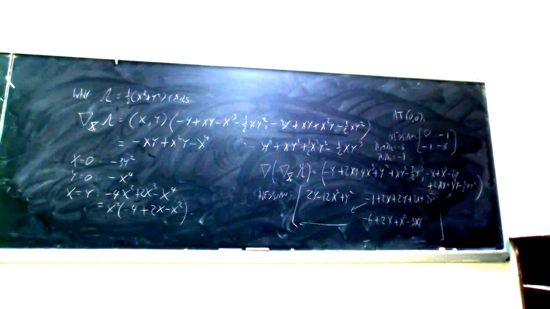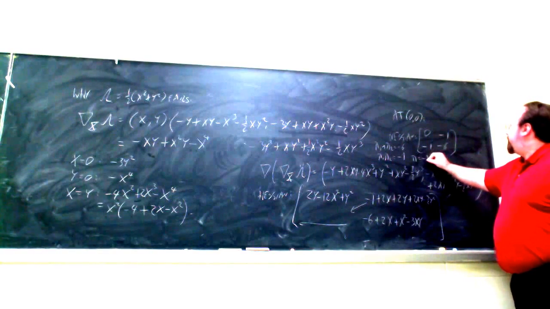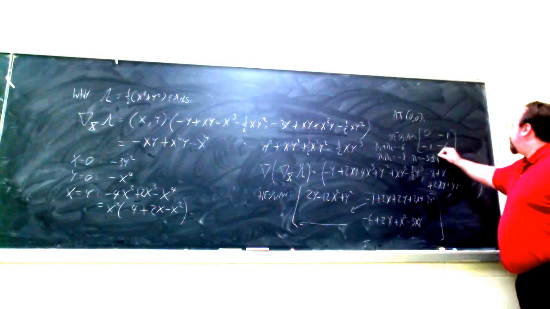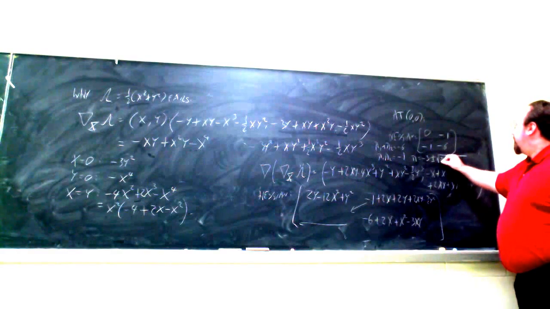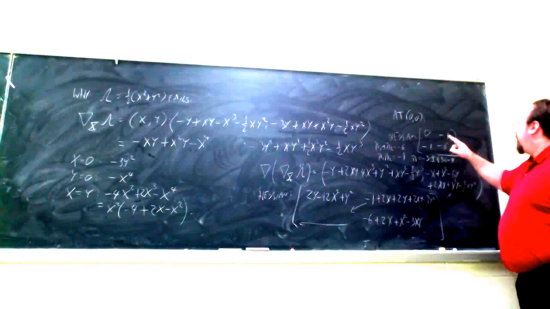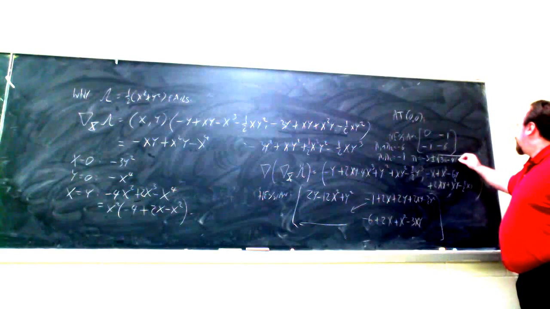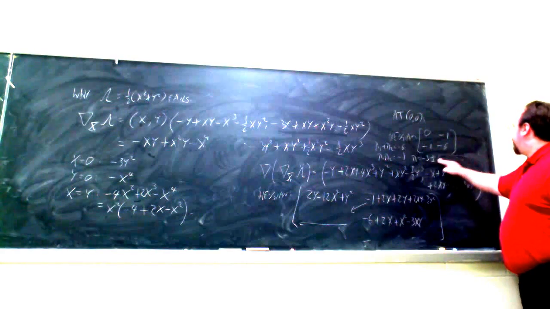Okay, so the eigenvalues are equal to minus 3 plus or minus the square root of 36 minus 4 times... okay, plus or minus the square root of 40.